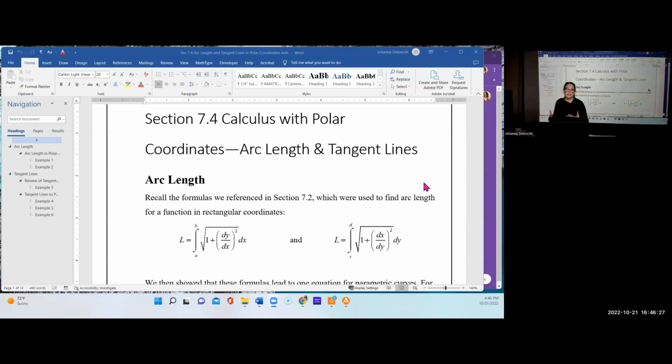And this gives us the two different equations that we have for finding the arc length in a rectangular coordinate system. Now, the fact that we need two equations, one with respect to x, one with respect to y, should let you know that this is not a trivial thing to do in the rectangular coordinate system.